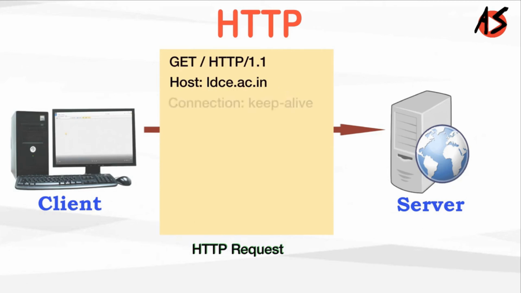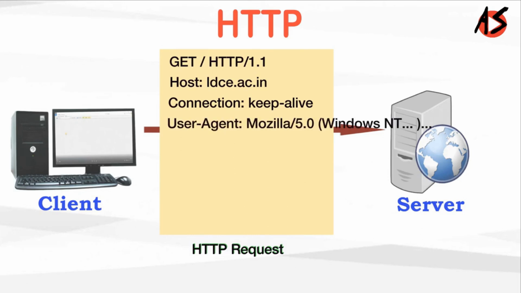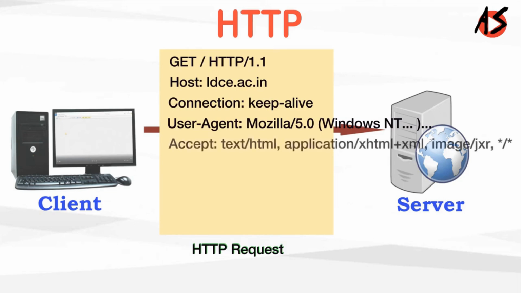The next information is key-value pairs, like Connection, which has a value like keep-alive, indicating the connection is persistent and not closed. User-Agent identifies the application, and for most browsers it shows Mozilla and an operating system like Windows. Accept tells that the client is able to understand text like HTML, application types like XHTML plus XML, and various image formats like JXR and many other formats.